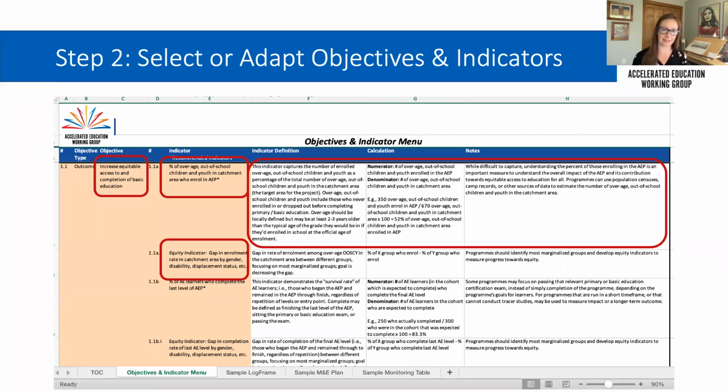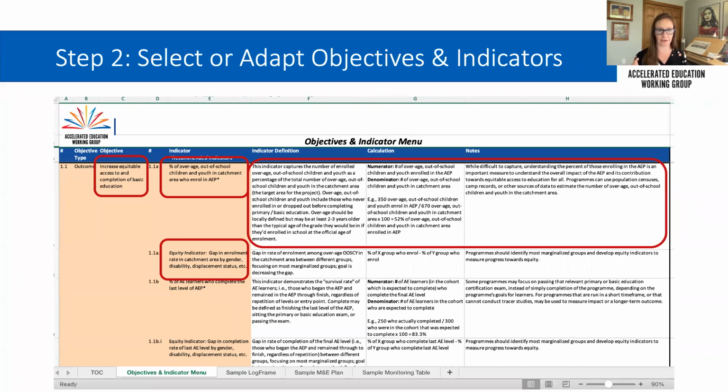So instead of just having the same indicator as listed above, the percentage of overage out-of-school children and youth in the catchment area who enroll in the AEP, and then disaggregating by girls and boys, the equity indicator actually asks you to subtract and find the difference between girls and boys.